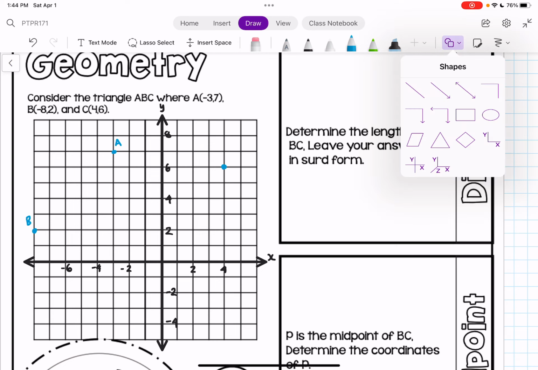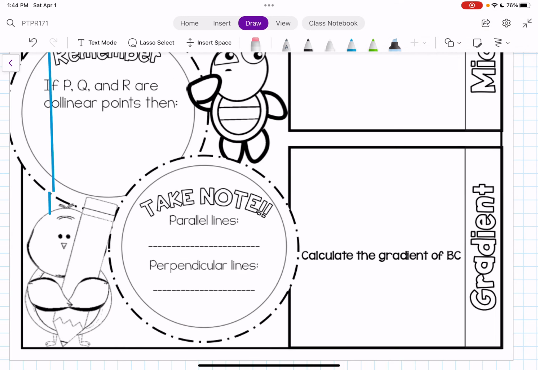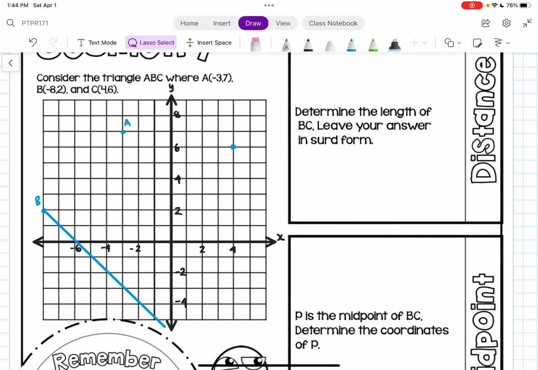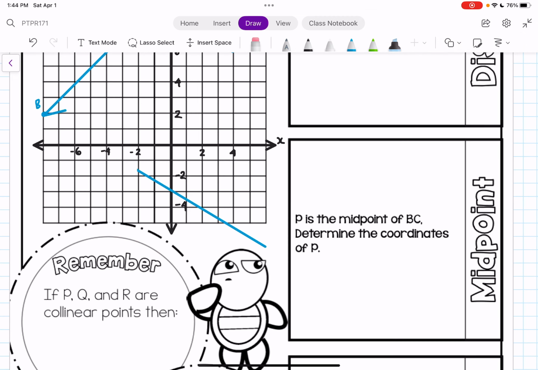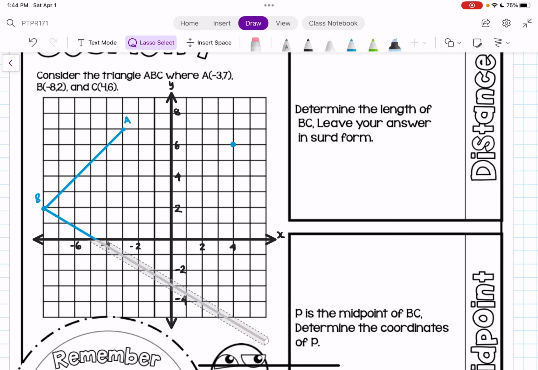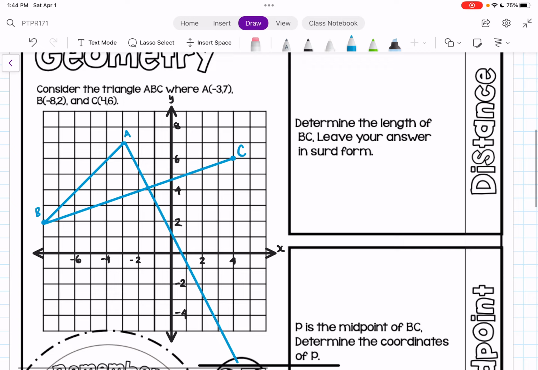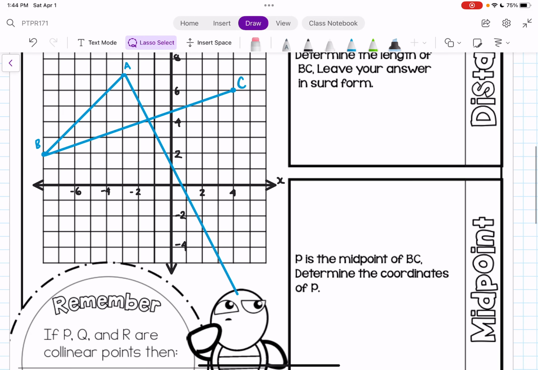And now again you use a ruler and connect your points. And we will have triangle ABC.